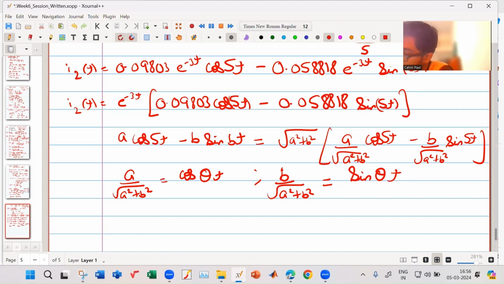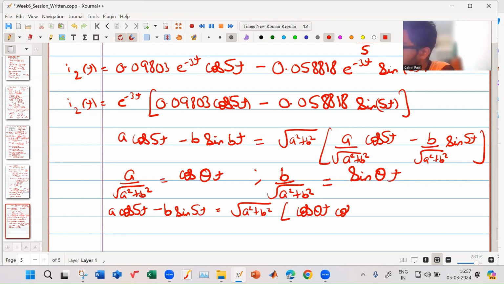So we get it to be of this form: a cos phi t minus b sine phi t is equal to square root of a square plus b square into cos theta into cos phi t minus sine theta into sine phi t.